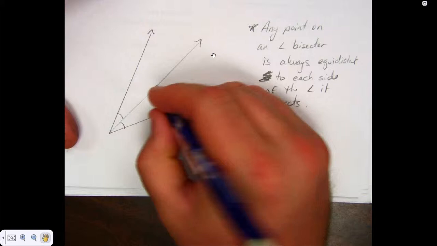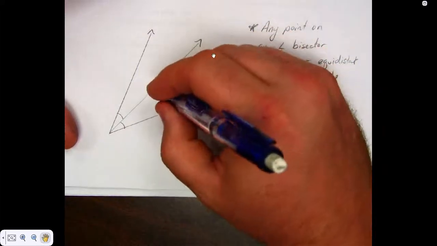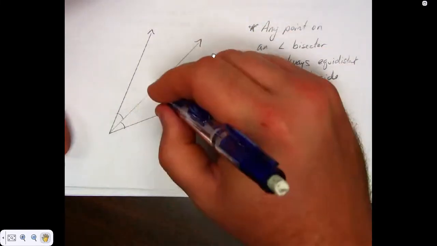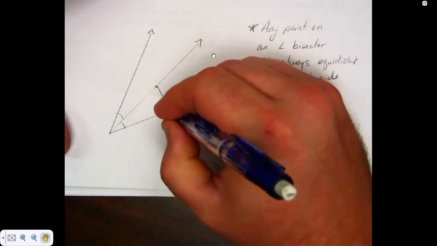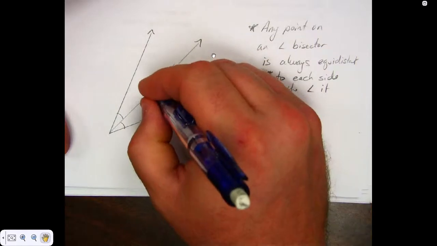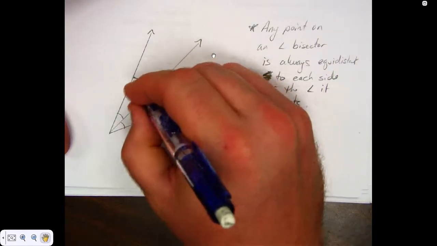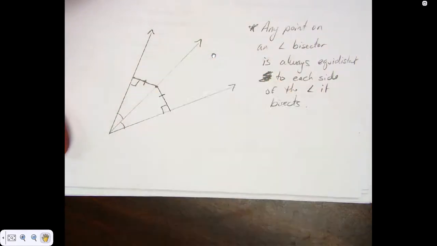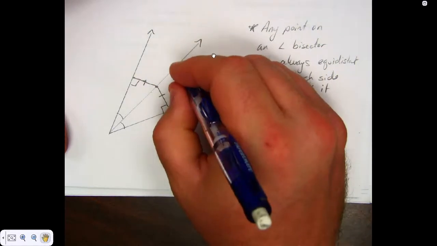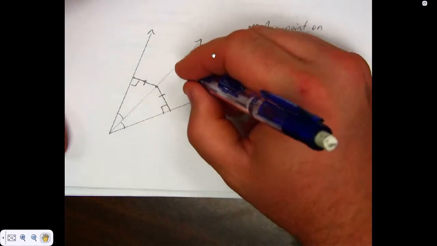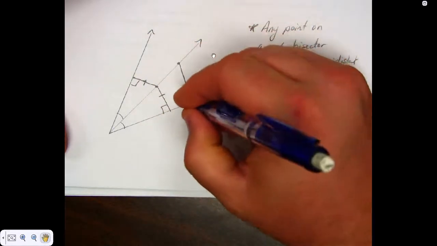So back to here. If this is an angle bisector, then that perpendicular distance has to equal what? That perpendicular distance. These two have to be what? Congruent, no matter where we are on this bisector.